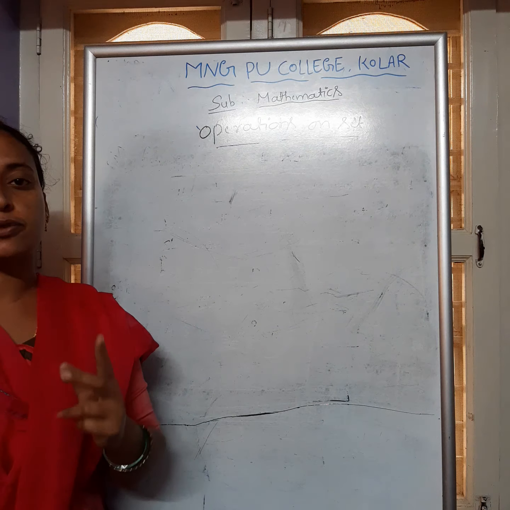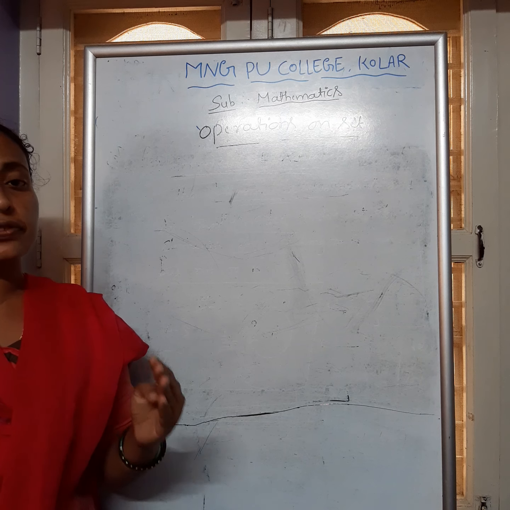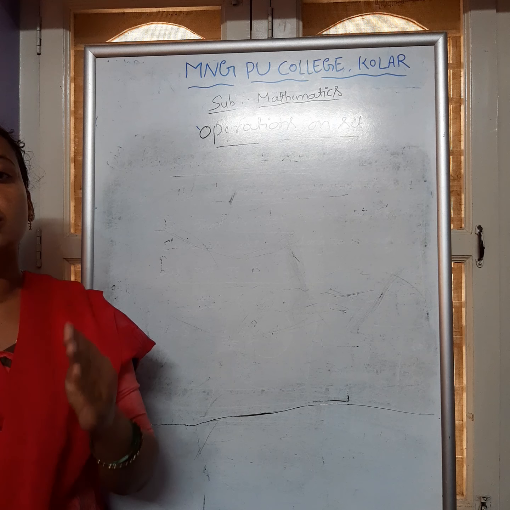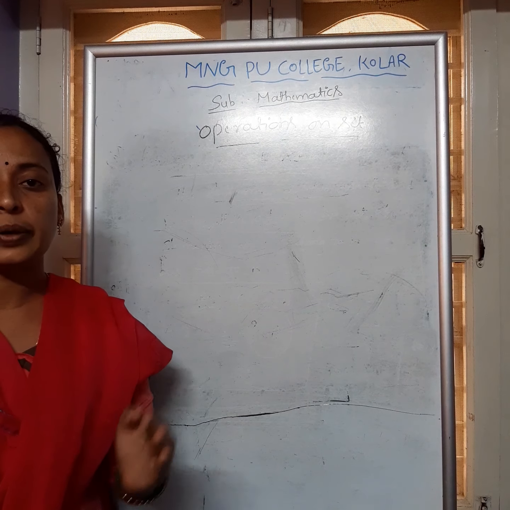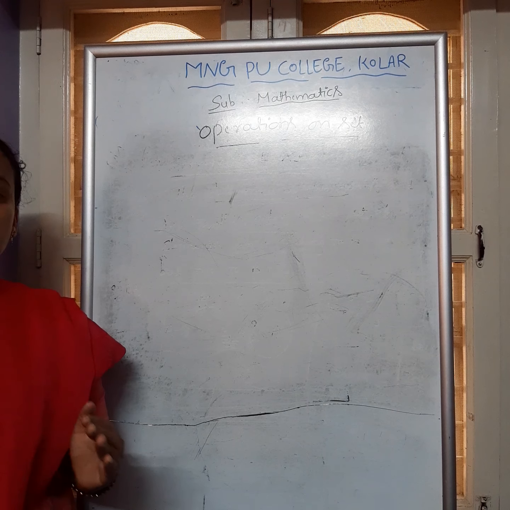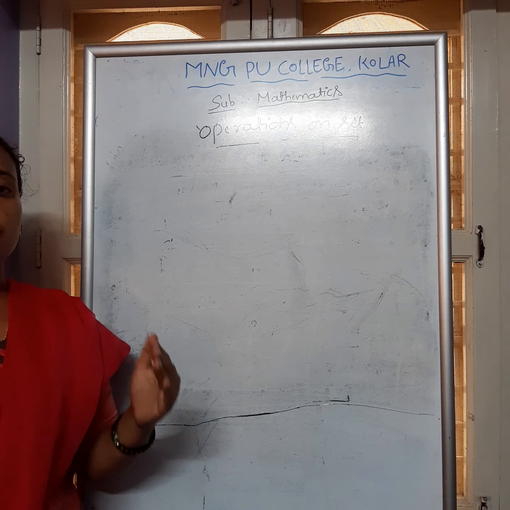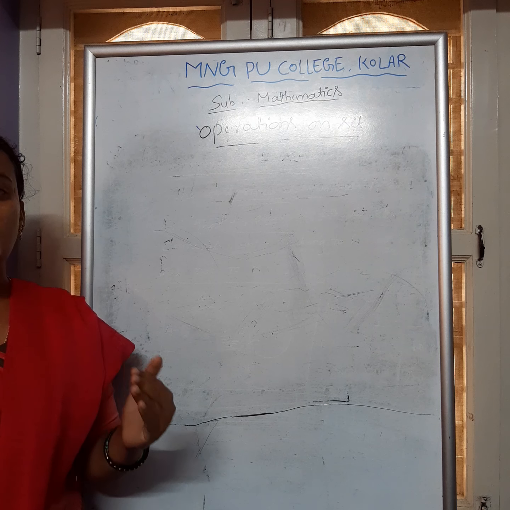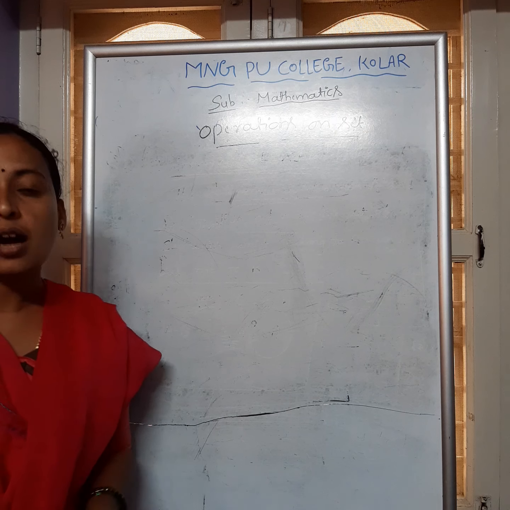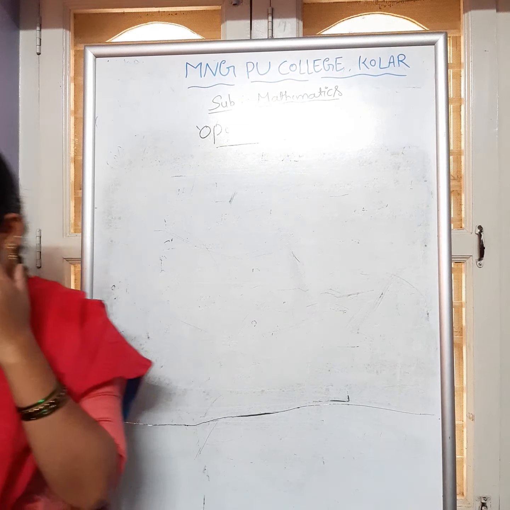The intersection of two sets A and B is the set of elements which belong to both the sets A and B. This is the intersection of sets. And the difference of two sets A and B is the set of elements which belong to A but not to B.